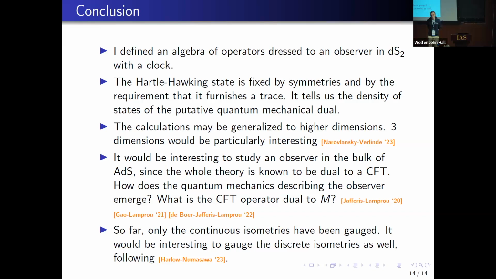The only aspect of this calculation that made it gravitational was that I was gauging the space-time isometries. So the back reaction was not considered here. So the idea that you could excite as many particles as you want is an idealization for sure. That's the same in higher dimensions, right? Sure. You just can't put too much stuff in.